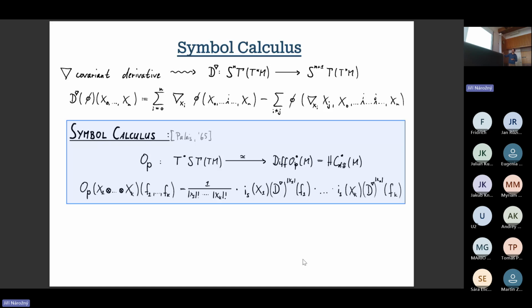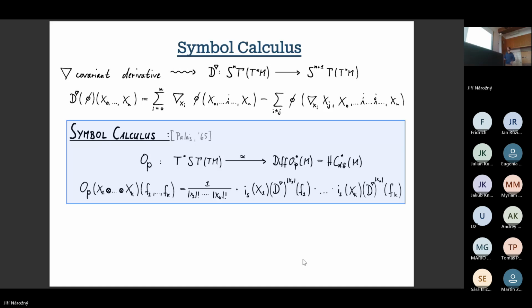If you look just at this insertion part, we apply our symmetrized covariant derivative, this d to the nabla, to f as many times as the degree of our x_k is. Essentially, we take Taylor coefficients of our function f, and then we insert the symmetric vector field. So we essentially differentiate f in the direction of x1 to xk, and in the end, we multiply stuff together.